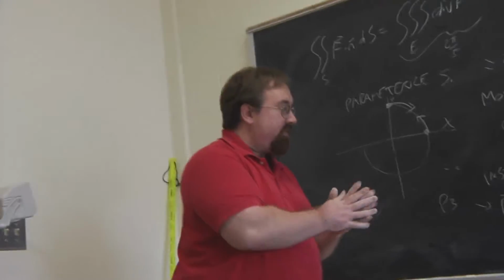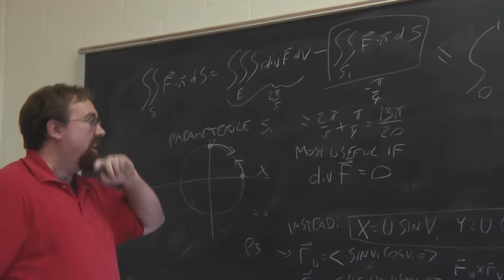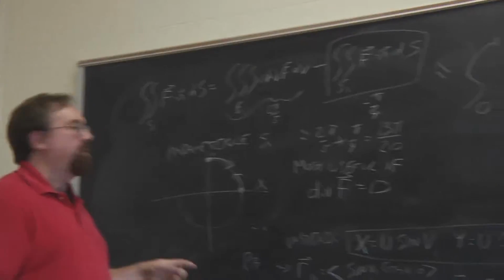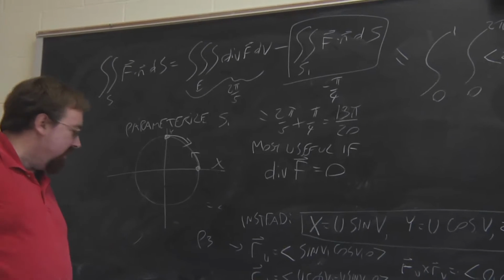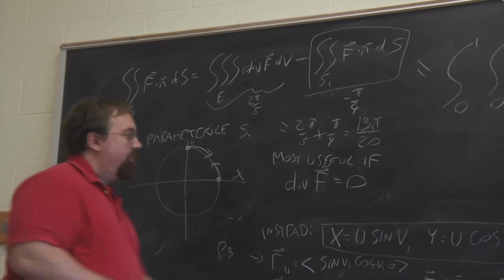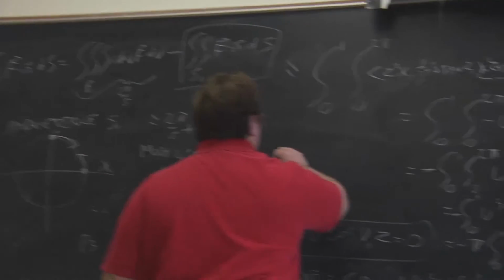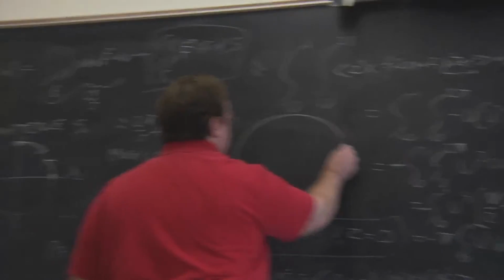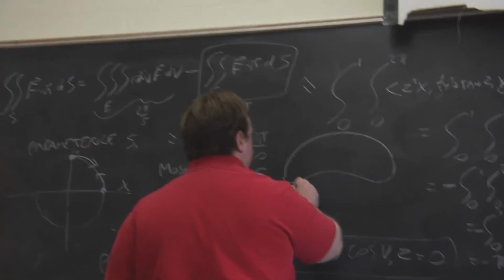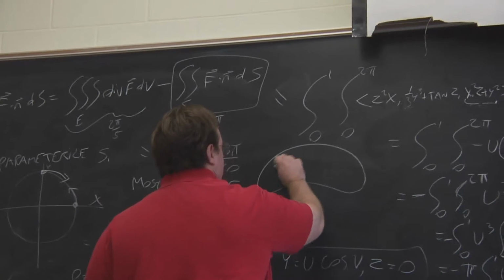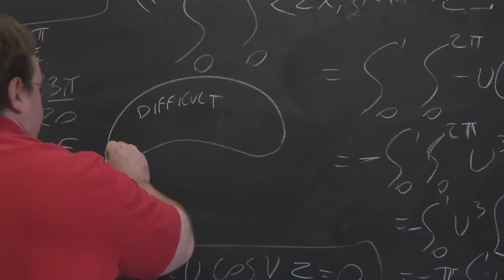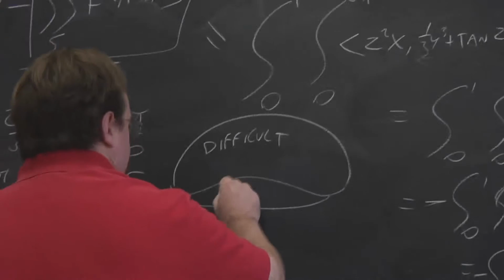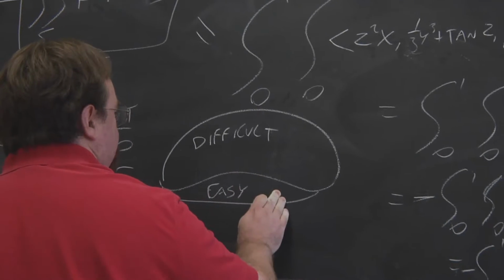Okay. So that's when this idea is particularly nice. If this wasn't very hard to evaluate, but if you don't have to evaluate it at all, well, that's even better. So what you have here is one surface that's your difficult surface, and then your easy surface to integrate over.